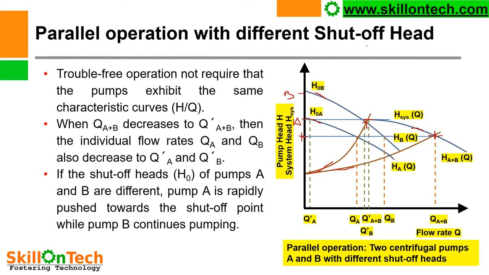If the flow QA plus B decreases to Q dot A plus B, then operation at a different point here will make it troublesome if care is not taken in starting the pumps. So the starting sequence shall be that pump A is started first, and pump B is operated thereafter once pump A is stabilized.